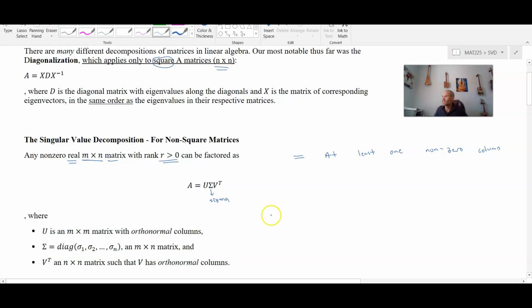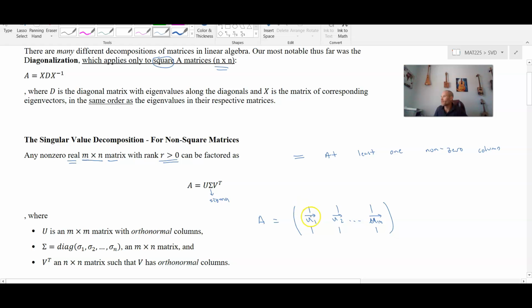So to construct these dimensions, U, we're saying, is going to be an m by m matrix with orthonormal columns. So we'll just go ahead and call these vectors in here U1, U2, and depending on how big m is, this will contain m of these columns.